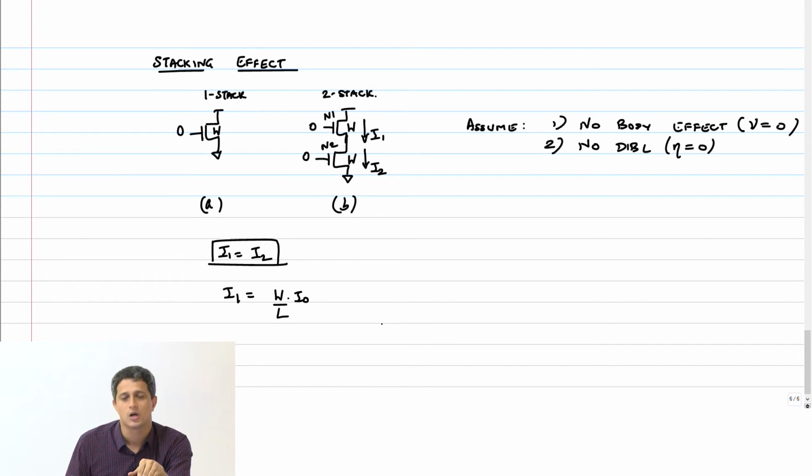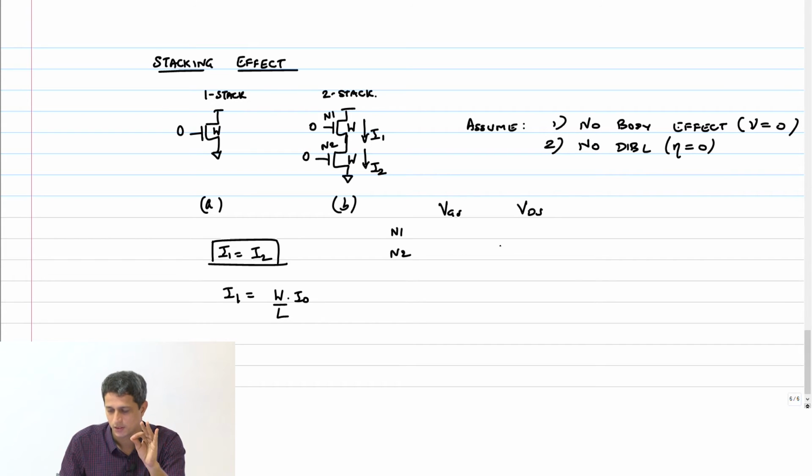What is VGS of the first transistor? No. Okay. So N1, N2, VGS, VDS. First tell me, let's assume that this intermediate node is Vx.